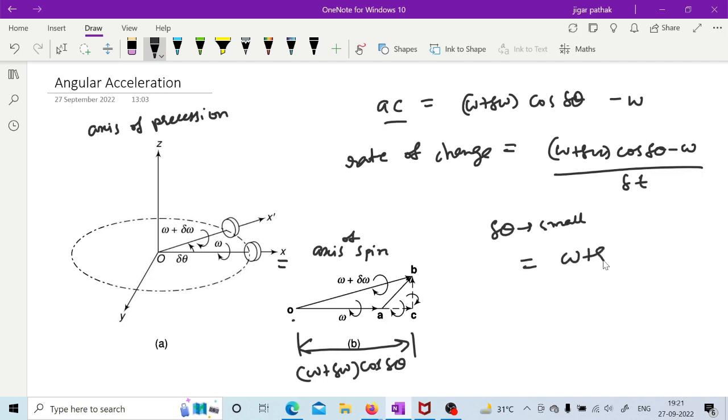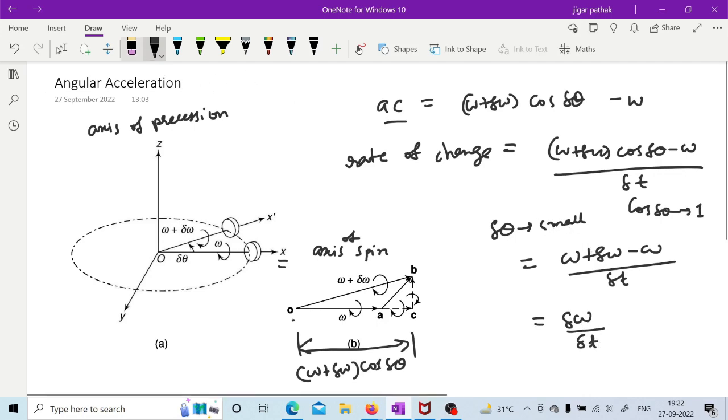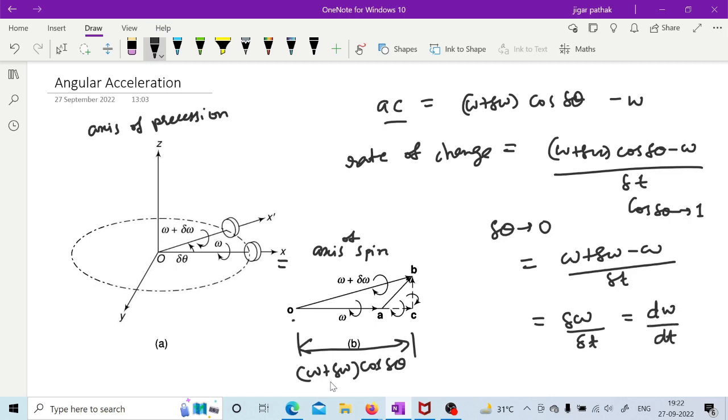So you get (omega plus delta omega minus omega) upon delta t, which is delta omega by delta t, so this component is d omega by dt. This is the horizontal component of the angular acceleration.